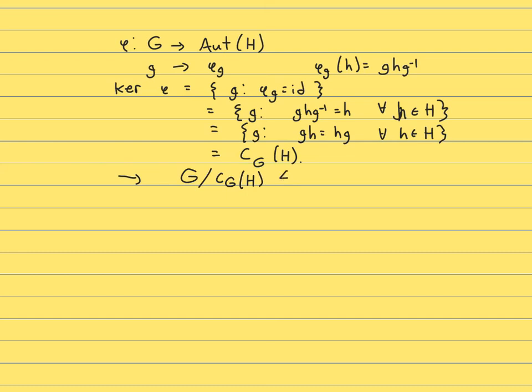Here, let's invent a notation for this: G mod the centralizer is isomorphic to a subgroup of Aut H. Since we often use the tilde for isomorphism, and we often use the less than or equal to sign for subgroup, this seems like a good shorthand for being isomorphic to a subgroup.